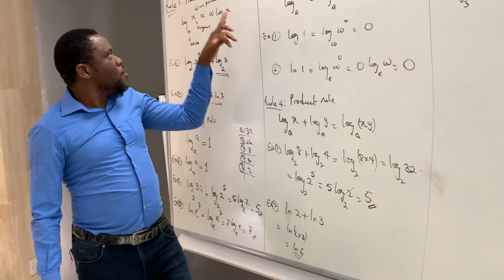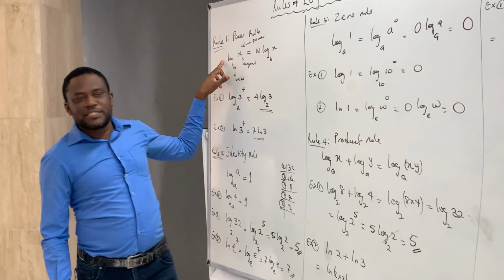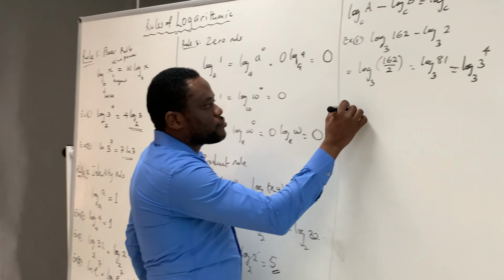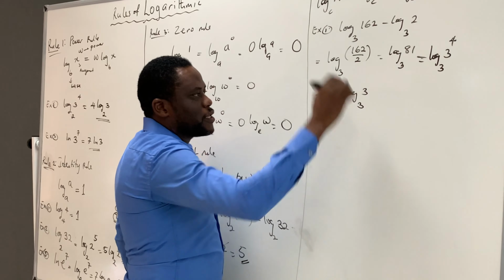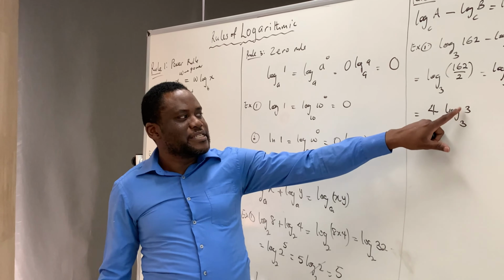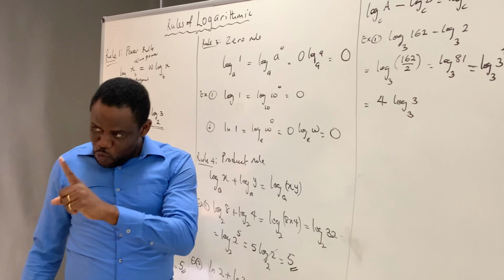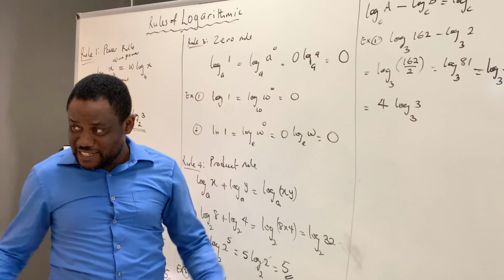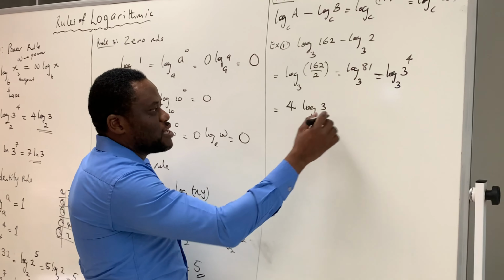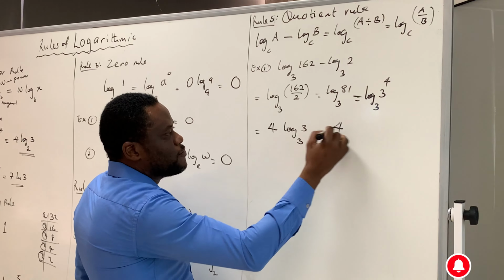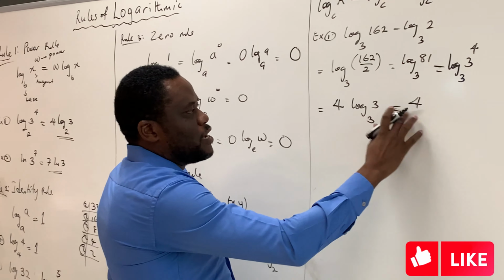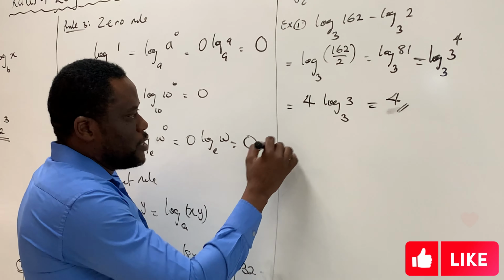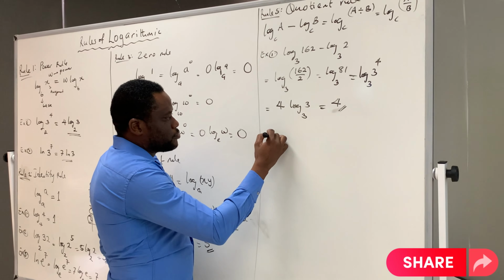Power says go to the back, right? So we have 4 log 3. Anything with the same base and argument is what? 1. Now you should know it. You should be dancing with it now. So 1 times 4, the answer is 4. And that is the final answer. Final answer is 4.